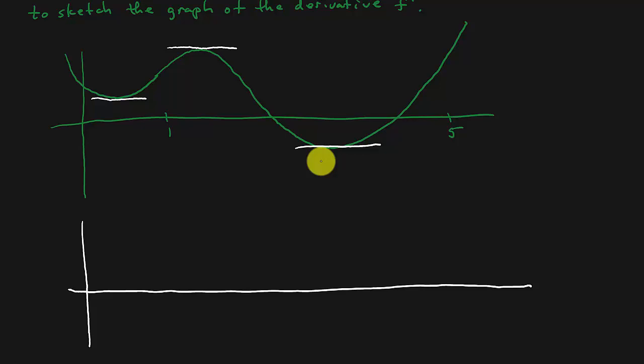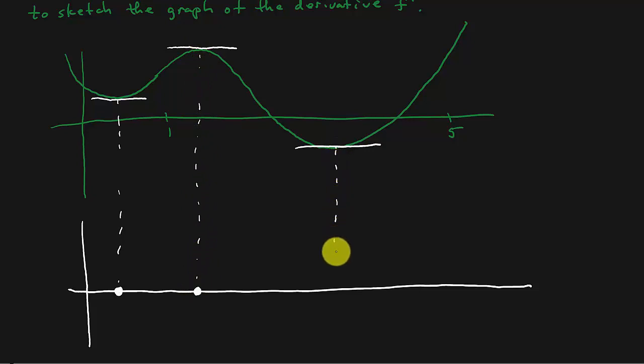So where that's 0, the derivative is 0. The slope of the tangent line is 0. F prime would be 0 at that x value. And then same thing here. This point would be 0 for the derivative, and this would be 0 also.